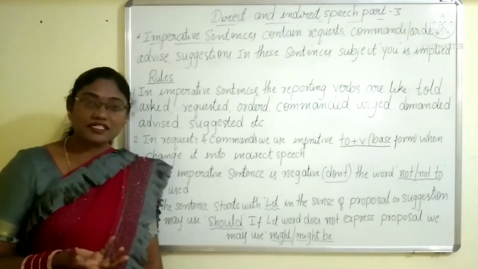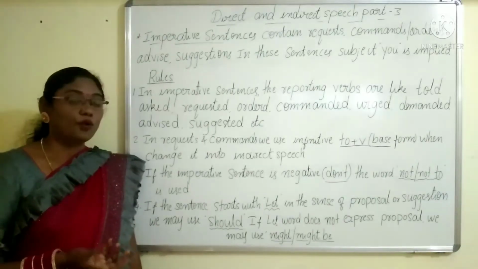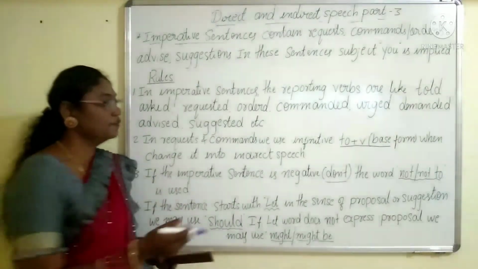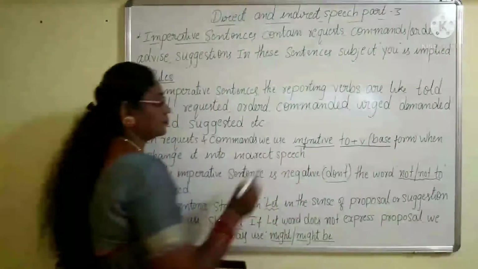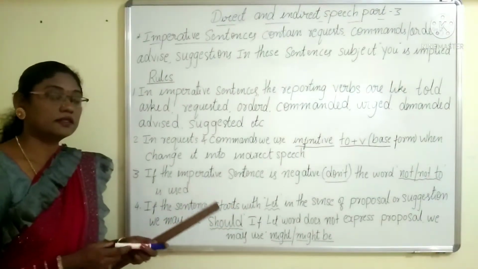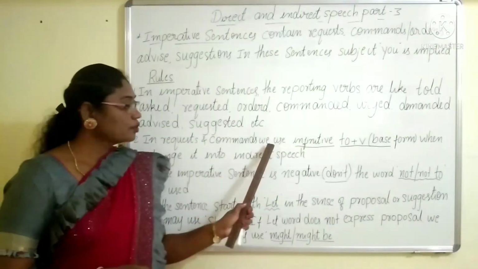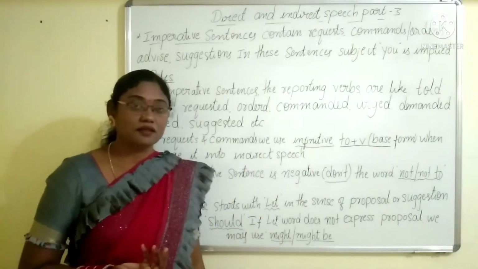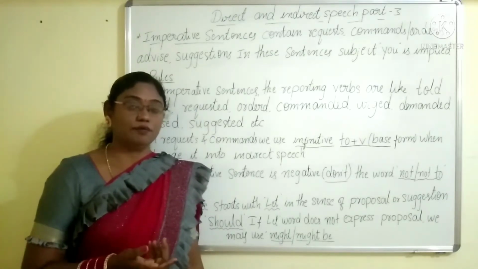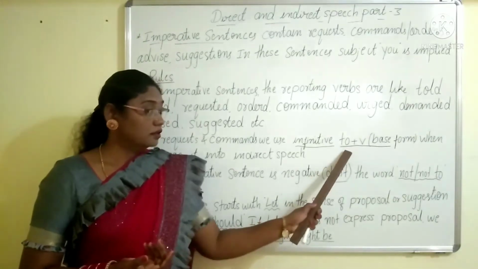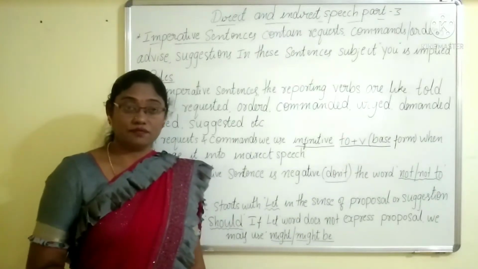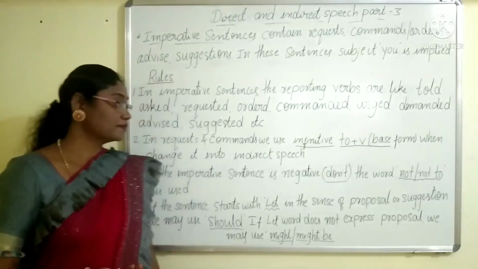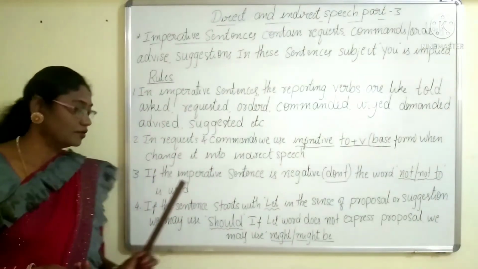In requests and commands, we have to use infinitive. What is infinitive? We all know about that. Infinitive: to plus verb becomes infinitive, right? For example, to come, to go, to drink, such words are called infinitives. So this is the second rule, right?